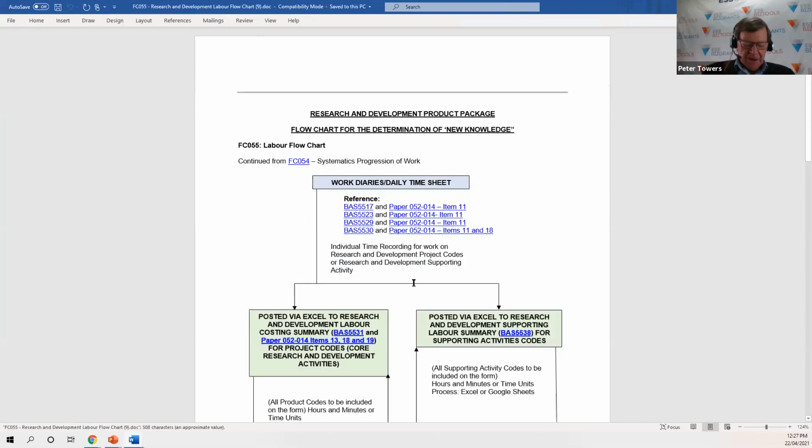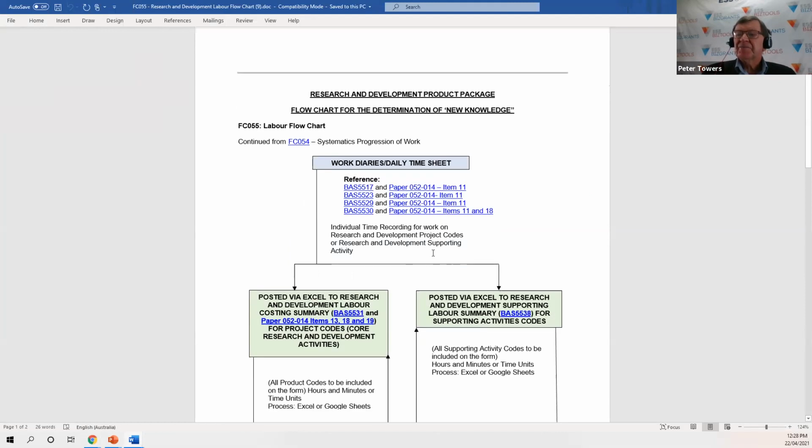There's a labour flow chart in the system, which is looking at the collation of information from the timesheets or the other type of recording system that's been implemented by the client, by the company, for the labour costs.